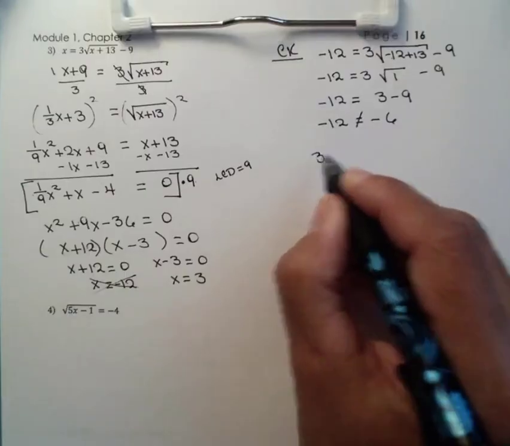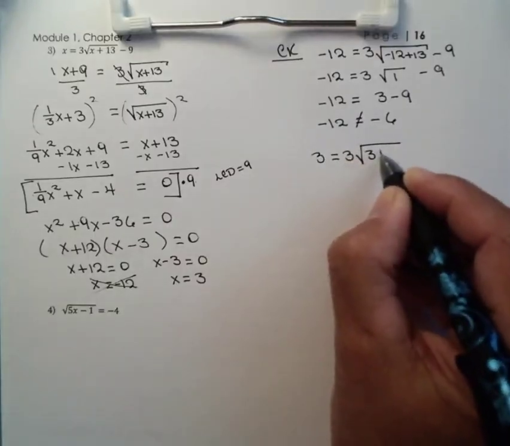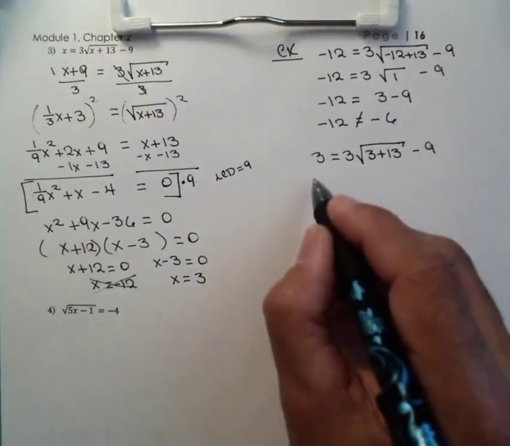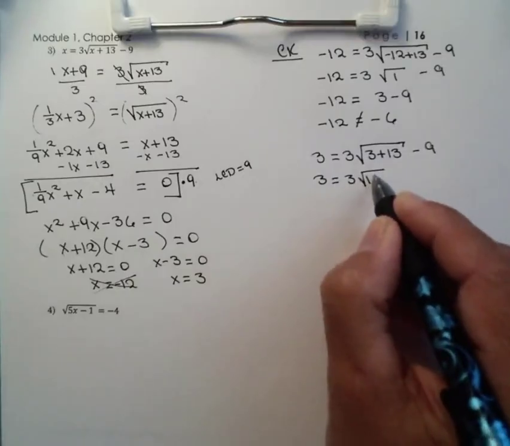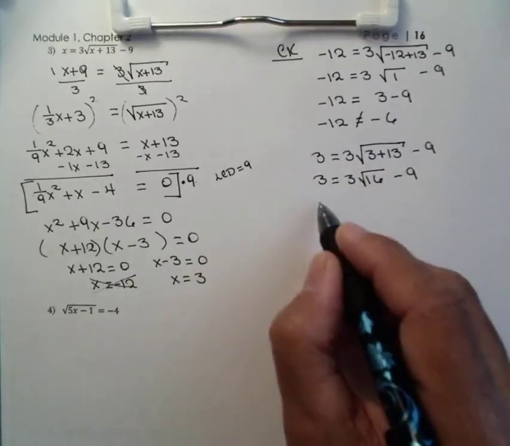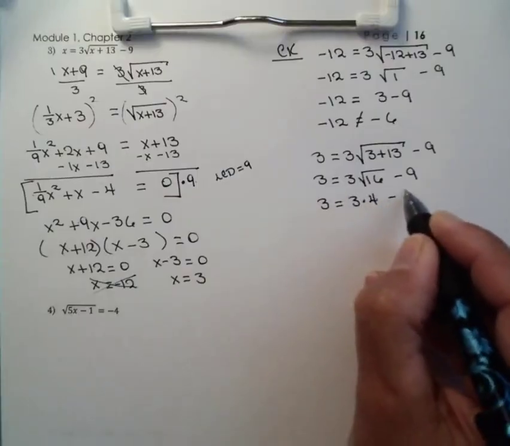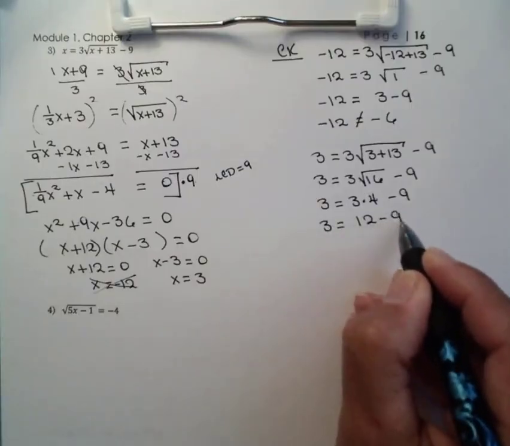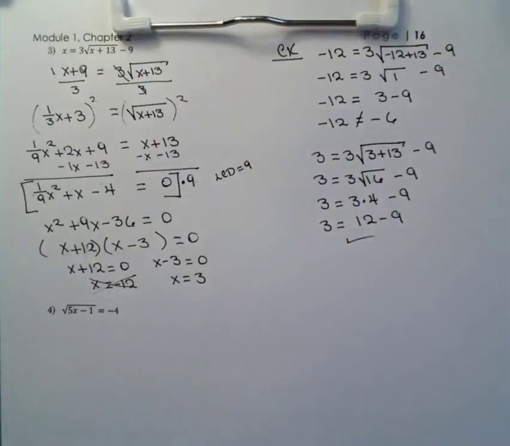So I've got 3 is equal to 3 times the square root of 3 plus 13, and then minus 9, right? So 3 is equal to 3 times the square root of 16 minus 9. Well, that's 3 is equal to 3 times 4 minus 9. And 3 times 4, of course, is 12. Minus 9, at that point, I can say, yeah, 12 minus 9 is 3. This is a good solution. My only solution that checked out was x is equal to 3.